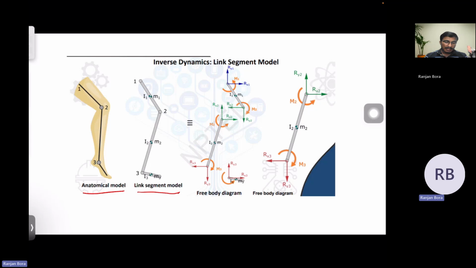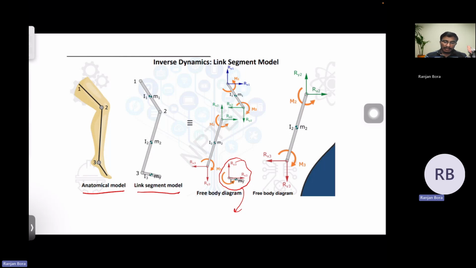So after representing each bone as a link, we can separate these links. And so here you can see this link 3 is separated from link 2 at the ankle joint. And now we can take this link 3 as an independent system, and we can draw the free body diagram for this link 3. And from the free body diagram, we can estimate the reaction forces at the ankle joint, Rx3 and Ry3.